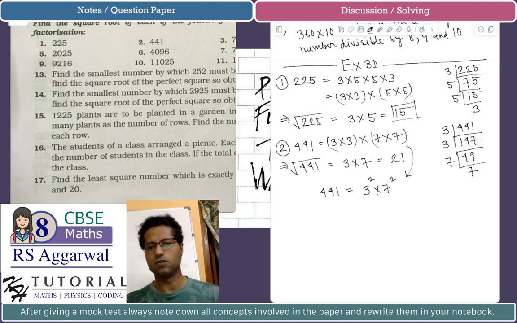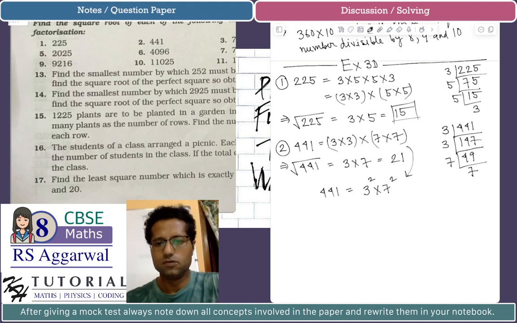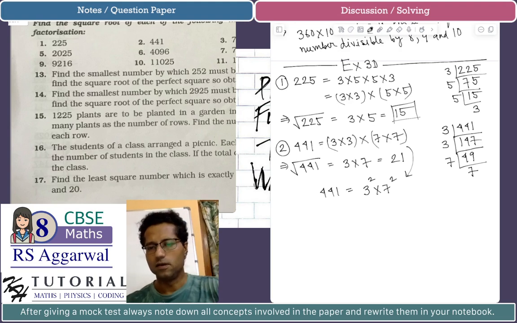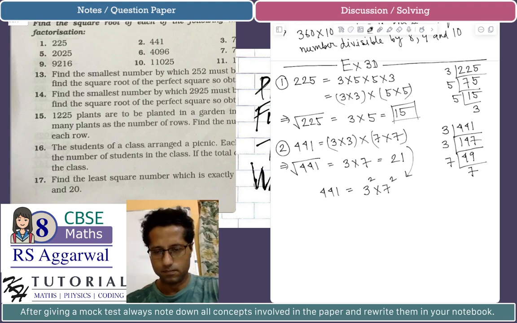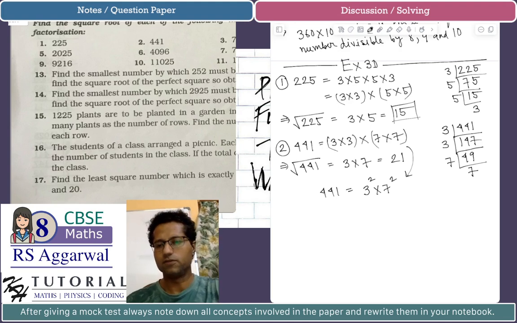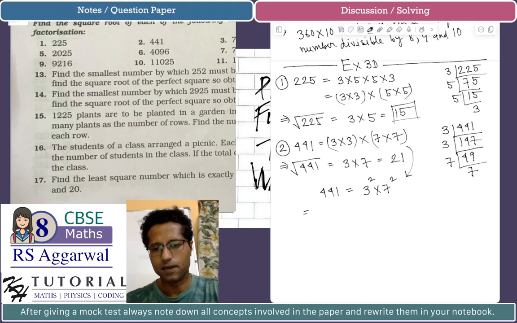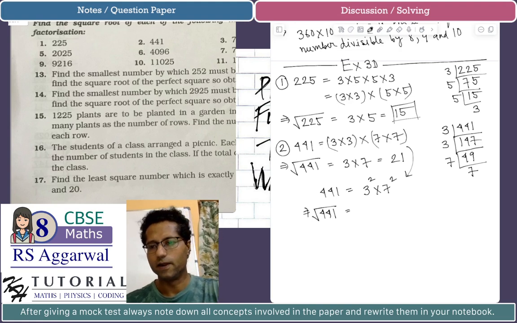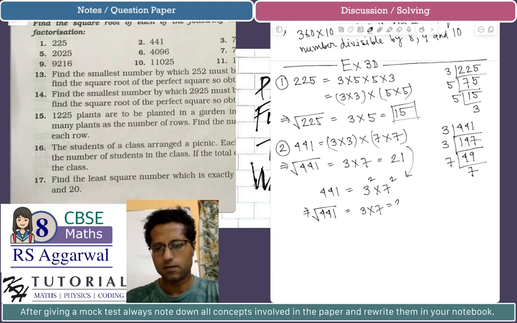This is another way you can do it. You do the prime factorization of the given number, and since it is a perfect square, if you merge all the similar factors with their powers, all the powers will be even. For 441, we have 3 square into 7 square. This implies that the square root of 441 will be equal to all the powers of the prime factors divided by 2. So this becomes 3 multiplied by 7, which is 21.